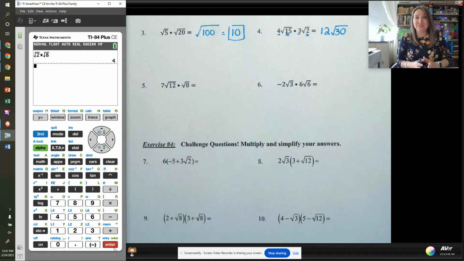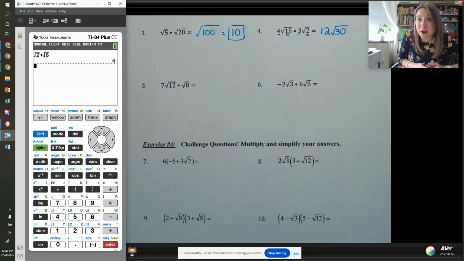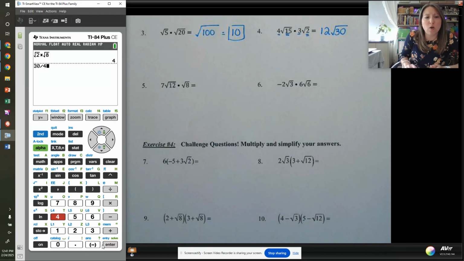And we ask ourselves, is 30 a perfect square? Nope. Okay, is 30 evenly divisible by a perfect square? Well, let's try. 30 divided by 4. Okay, that's a no-go. 30 divided by 9. Nope.